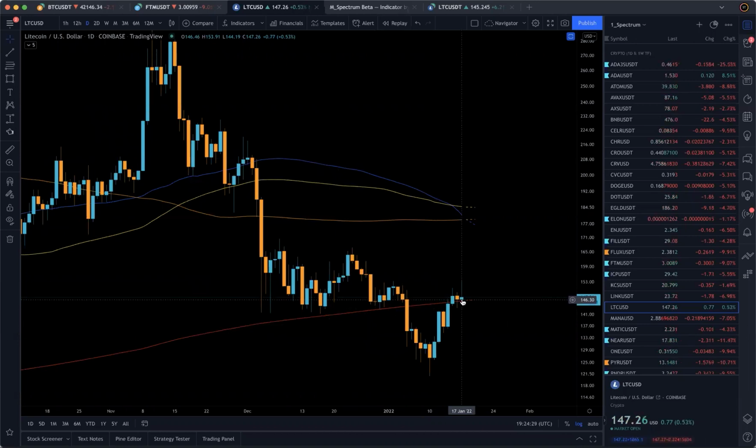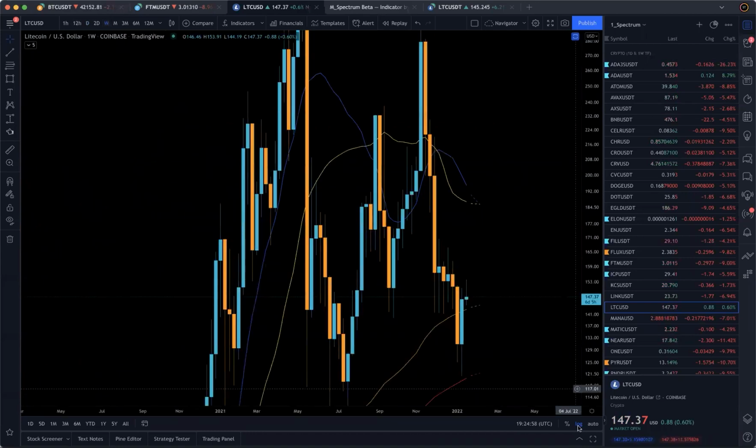If it could stay above the red, that's the first requirement, because the blue is coming down quickly, you see, and the blue is going to be the next resistance if Litecoin continues going up. Then somewhere they will meet around 164, 165 level on daily.